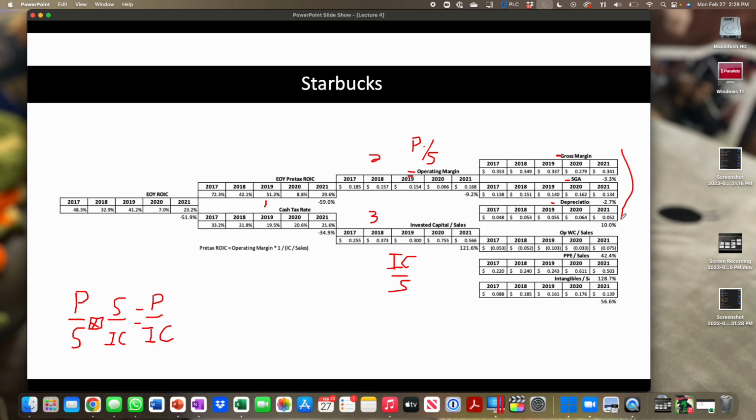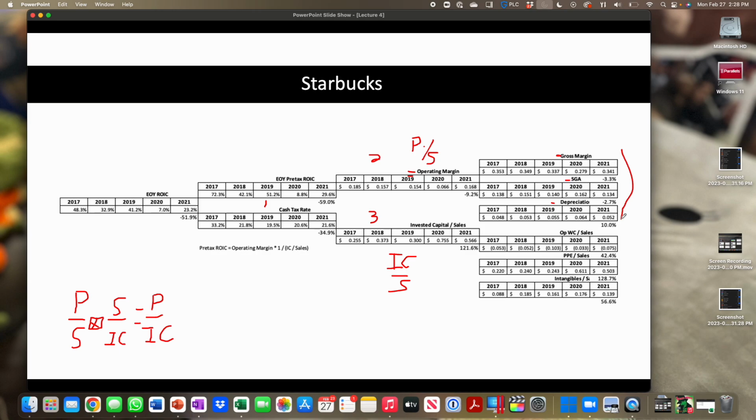Driver number three. In 2017, they were spending 4.8 cents per dollar on depreciation. In 2021, 5.2 cents. Better or worse to operating margin? If you spend more in depreciation, does that help your operating margin or hurt it? Makes it worse. Hurts your operating margin, and therefore hurts your ROIC.